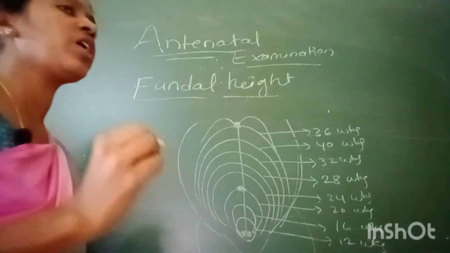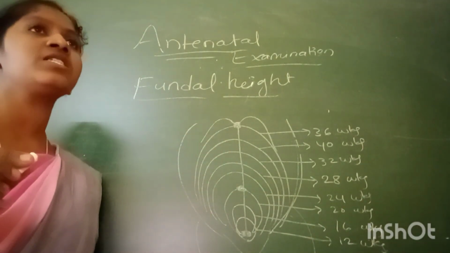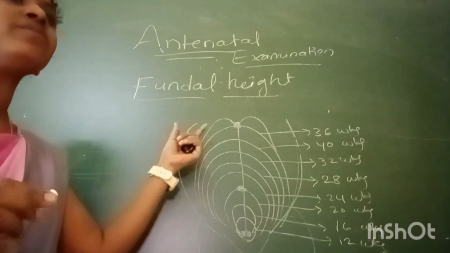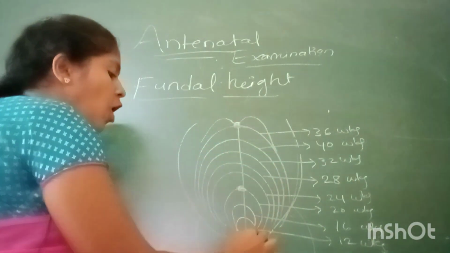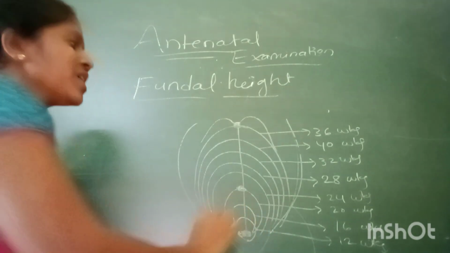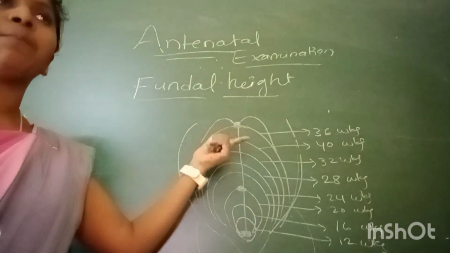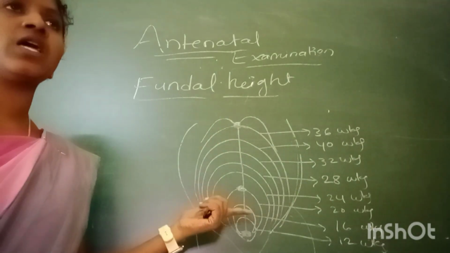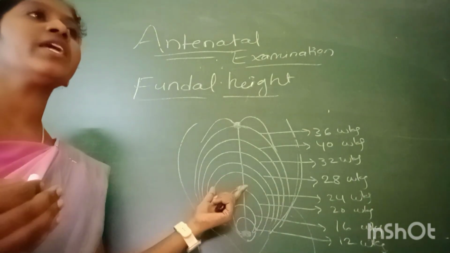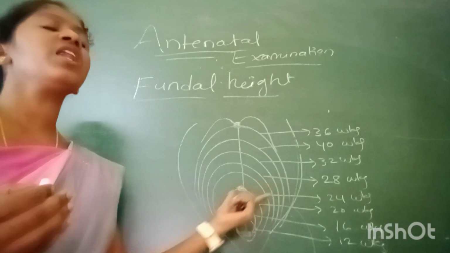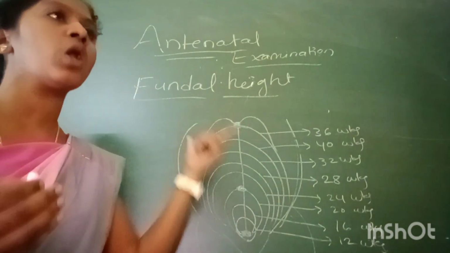This is very much important for your clinical examination. We will have to check the fundal height of the uterus from the fundus to the top of the symphysis pubis with the help of the inflexible tape. That is called fundal height. The purpose of taking the fundal height is to check, according to the gestational age, whether the uterus is growing or not.